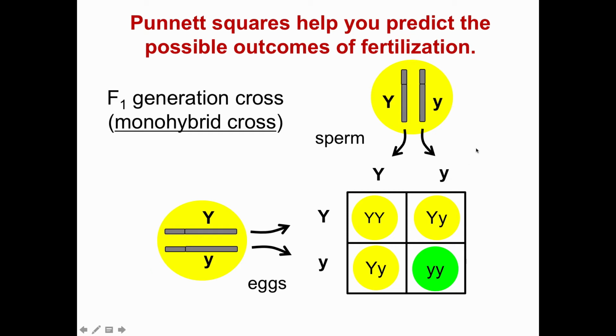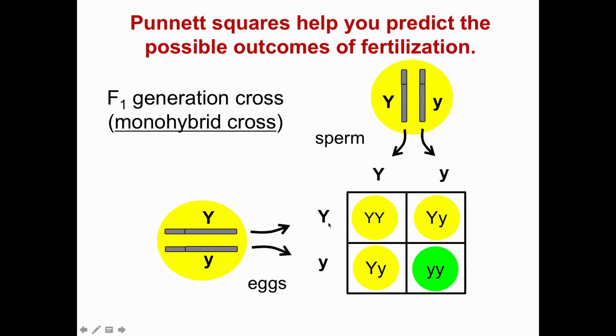So this is the F1 generation, the first generation from our true breeders. We're looking at only one trait, so it's called a monohybrid trait because we're only tracking one thing, and that's seed color.